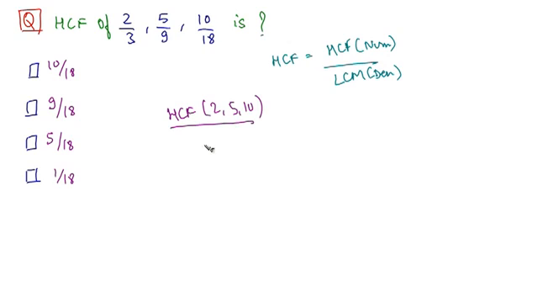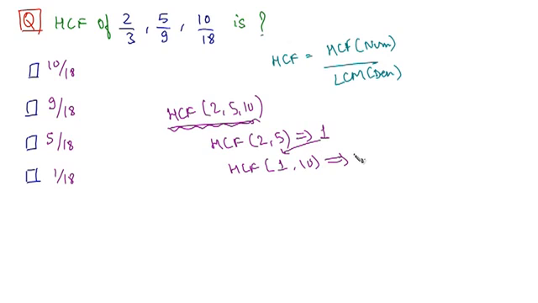First we need the HCF of 2 and 5. 2 and 5 are co-prime numbers, so their HCF is 1. Now we have to find the HCF of 1 and 10, which are again co-prime, so the HCF is 1. So we have the HCF of numerators as 1.